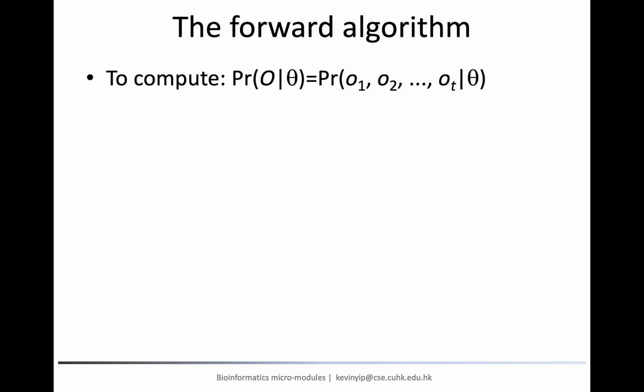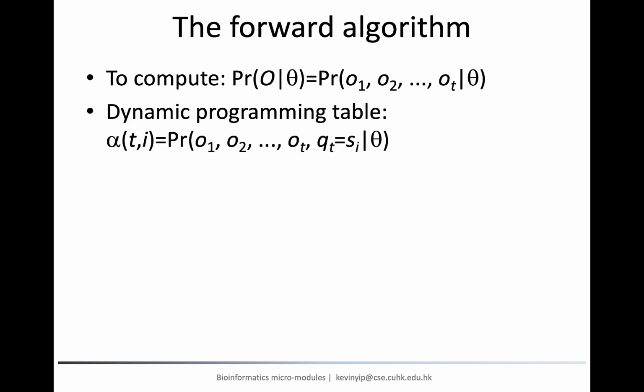The first dynamic programming algorithm that we will discuss is the forward algorithm. Recall that in dynamic programming, the first thing we need to do is to define the subproblems and decide how the results are stored. In the case of the forward algorithm, we define this table alpha that stores the results of the subproblems.